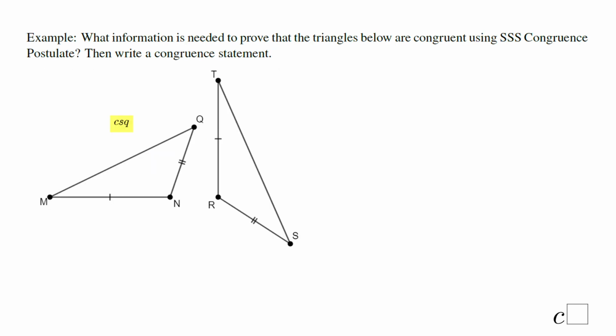So let's take a look at this example, which says what information is needed to prove that the triangles below are congruent using this SSS congruence postulate. So let's take a look. What do you notice here? We have these two sides congruent, MN congruent to RT.